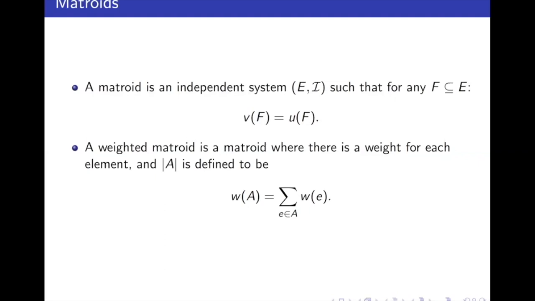Okay, so from this result, we can define a new concept called matroid. A matroid is an independent system (E, I) such that for any F, which is a subset of E, V of F is equal to U of F. So here each element is considered equally likely. And for a weighted matroid, W of A is equal to the sum of the weights of all the elements in A.